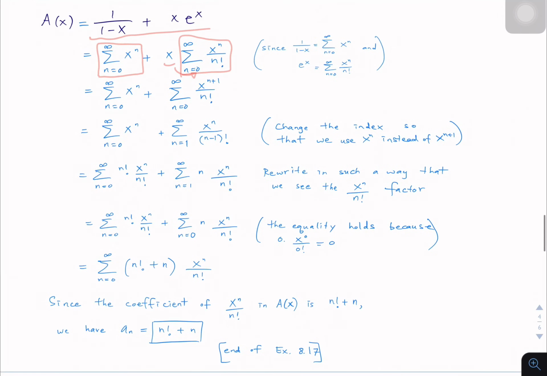And then now what I really want is something that looks like x to the n divided by n factorial, because that is what we need for the exponential generating function. So that is the reason why I changed the index to start at 1 here, so I can write x to the n.